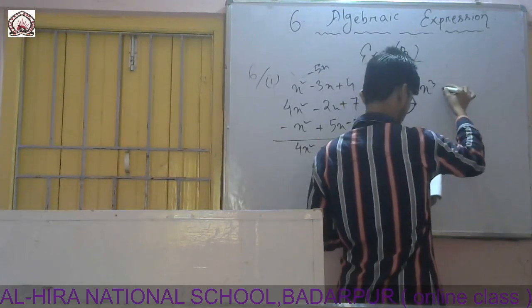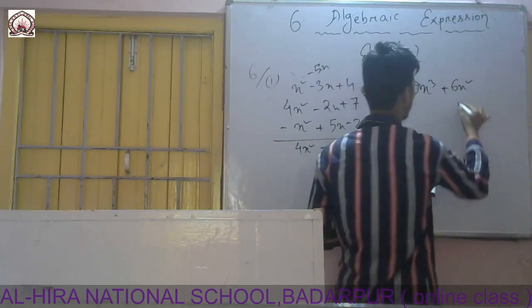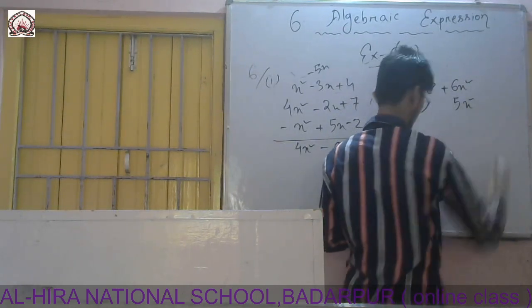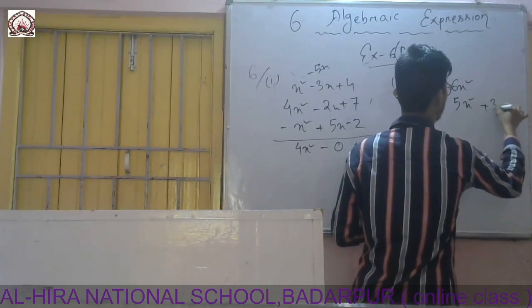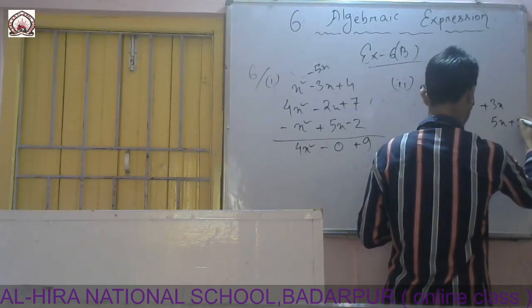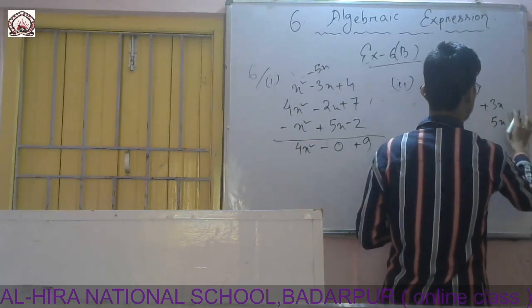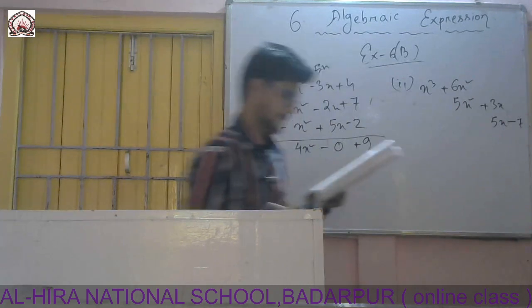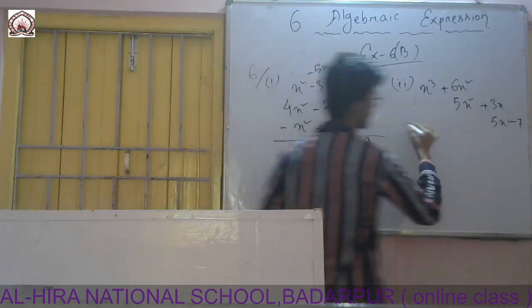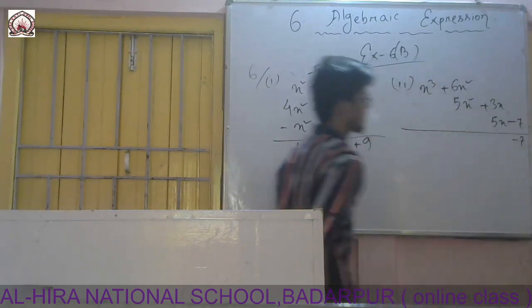Okay, now Roman number 2. x cube plus 6x square, then 5x square plus 3x, and the last one is 5x minus 7. Okay, so simple. First of all I will start. There is no other constant term, so it will be the same, minus 7.